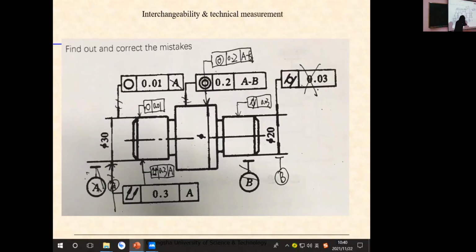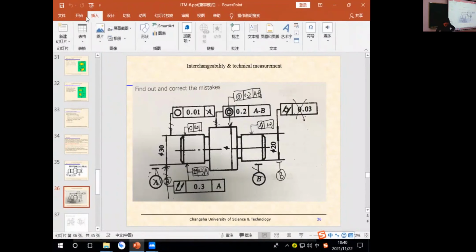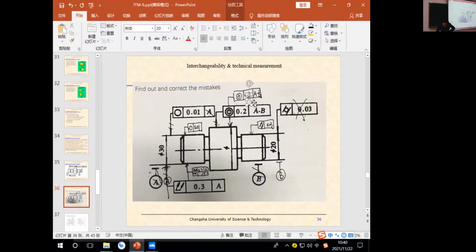Oh, sorry. There's no 5. Yeah, this has a 5. Sorry. How do you change that?